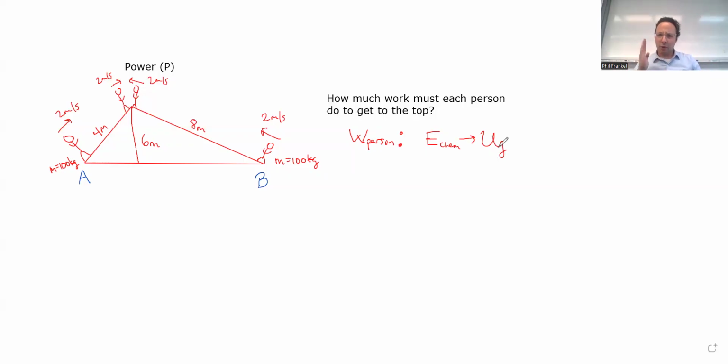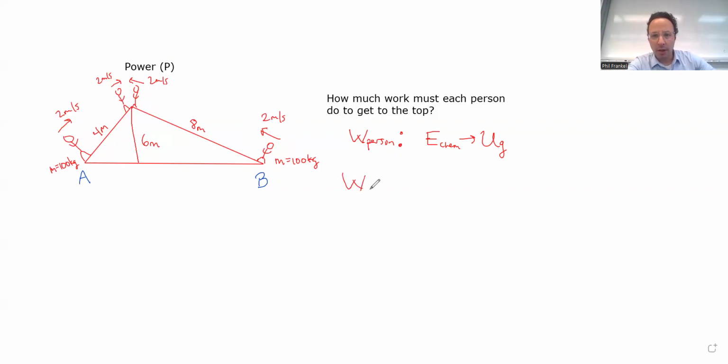So really, how much work a person does here is just how much gravitational potential energy each person gains at the expense of chemical energy, which is lost. Kinetic energy is not involved in this at all because the people run at a constant speed up the ramp, which means neither person's kinetic energy is changing. All that's happening, I'm stressing this several times, is that chemical energy turns into gravitational potential energy.